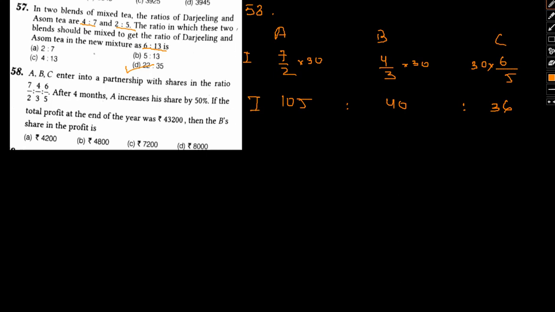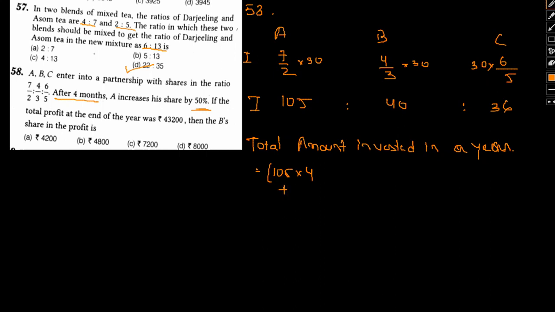So until 4 months the ratio actually remained the same. After 4 months A increases his share by 50%. So the total amount invested in a year for A will be 105 into 4 plus 105 into 3/2 into 8.